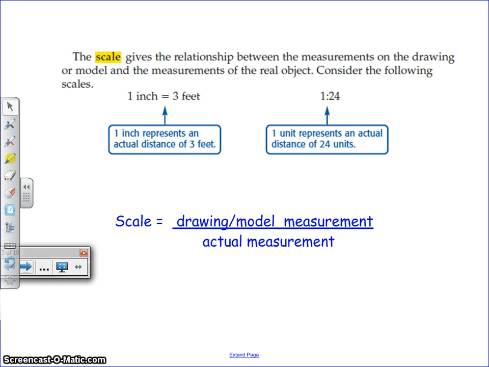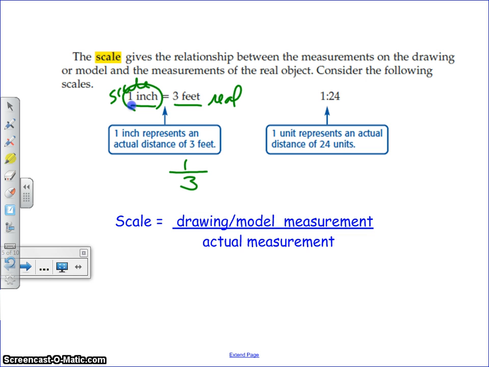All right. So for instance, 1 inch equals 3 feet. This is the scale: what would be drawn on the paper, and this is what is happening in real life. So it's 1 inch to 3 feet. Here we have 1 to 24.